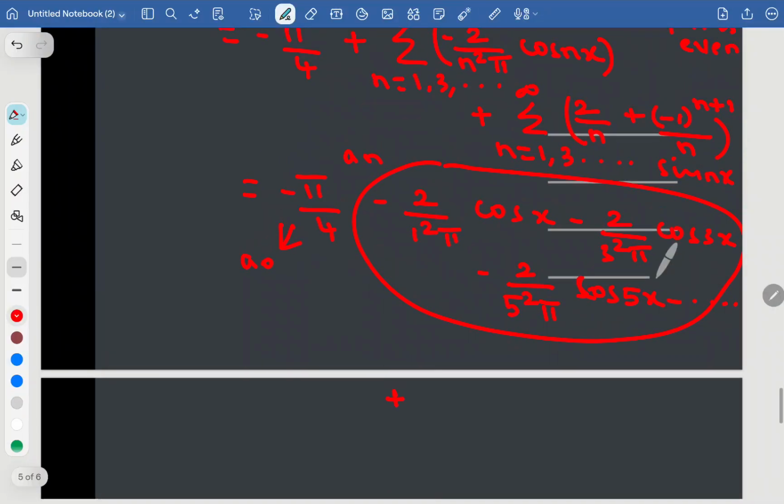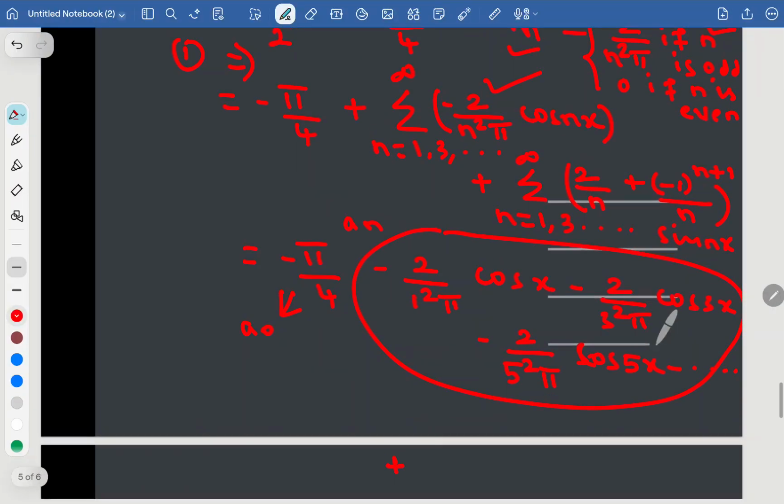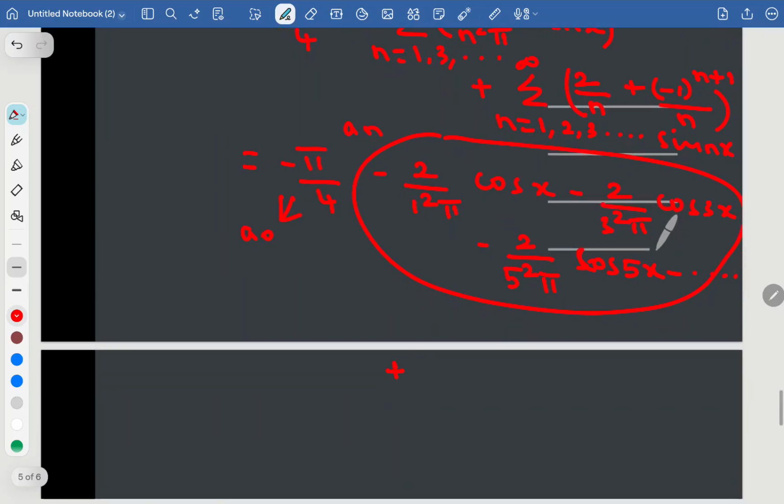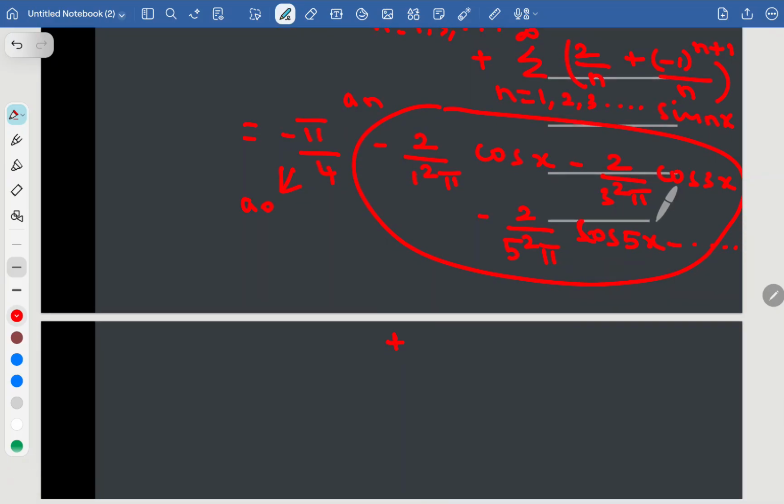Substitute n equal to, not 1 here. I will write here n equal to 1, 3, but here n equal to 1, 2, 3, dot. Now everything correct. Put n equal to 1. 2 by 1 plus minus 1 whole square by 1 sin x.